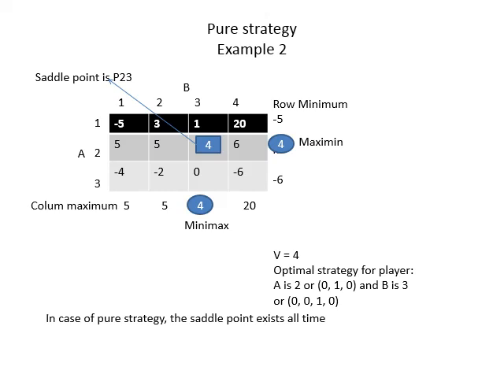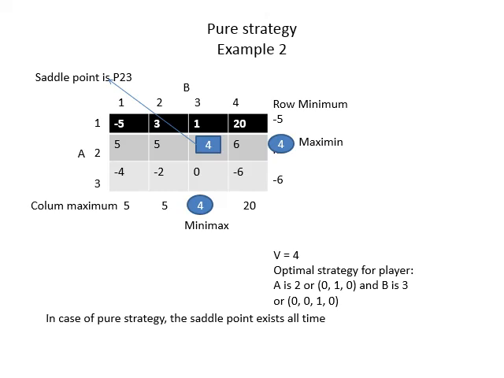The cell in which the game value is placed is known as the saddle point. The place is row 2 and column 3. We can call it P23. 2 denotes row number 2 and 3 denotes column number 3.